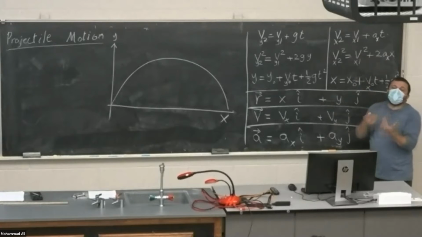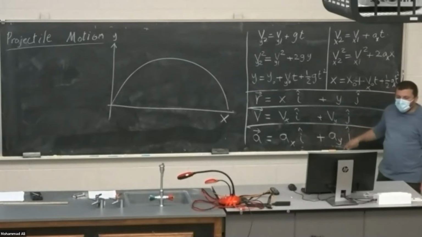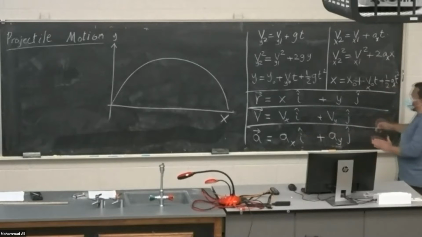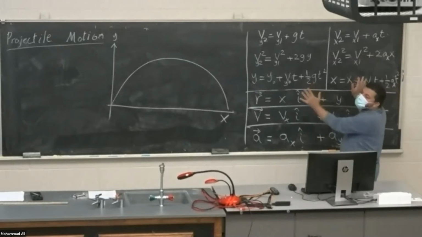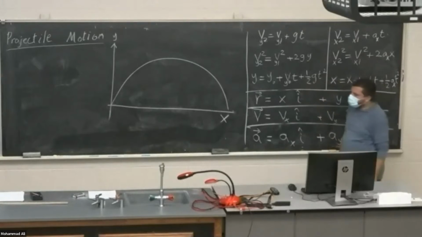And we have an acceleration, which is Ax in the x direction and Ay in the y direction. We have a z direction too, but we will not talk about it. Now, these are the main tools we need in this problem.